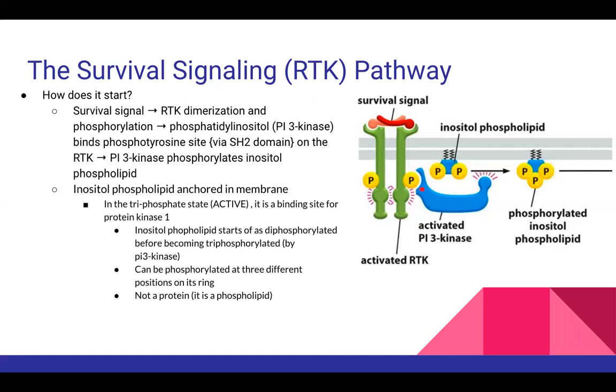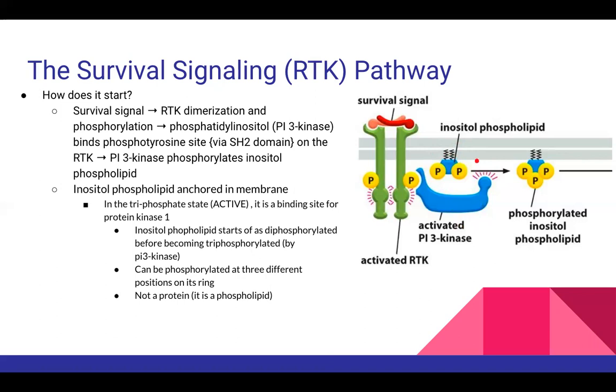Essentially what happens is the PI3 kinase will phosphorylate an inositol phospholipid, which is this molecule up here. An inositol phospholipid is not a protein. It's actually a lipid that's anchored to the cell membrane. So once PI3 kinase is active, it will phosphorylate an inositol phospholipid, which at this point is in the diphosphorylated state, meaning it just has two phosphates.